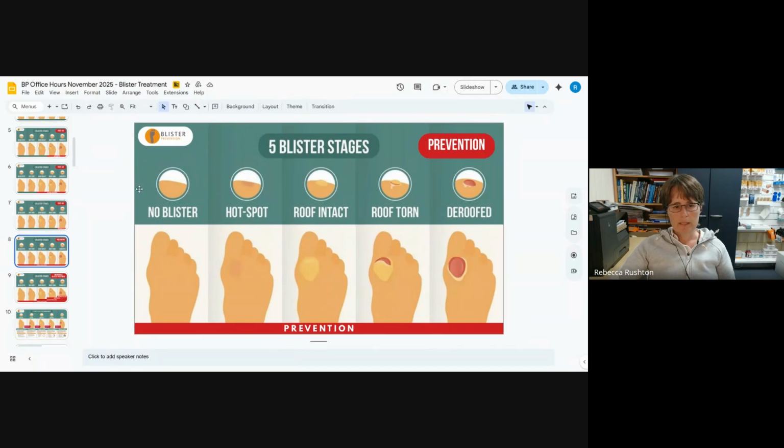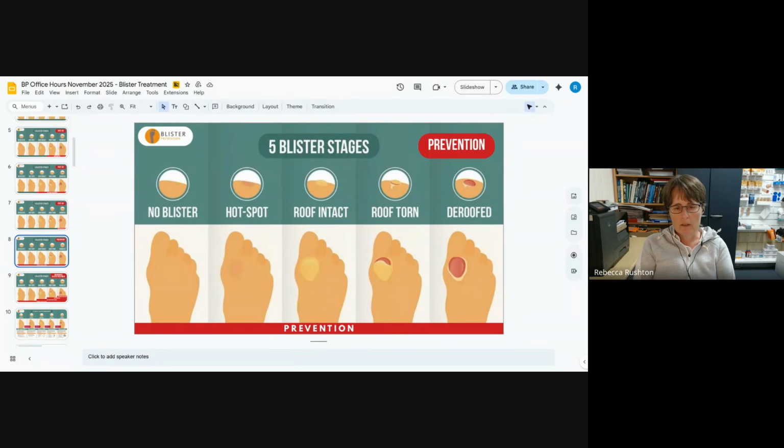Prevention obviously is relevant to these first 2 stages. We want to stay in the blister-free zone, essentially. So implementing prevention right from the get-go is the ideal way to go. However, we've got one last chance for blister prevention, and that's to implement it at the hotspot stage.